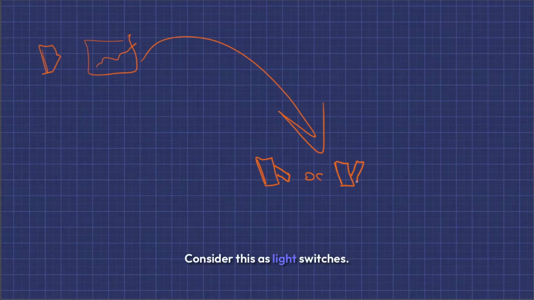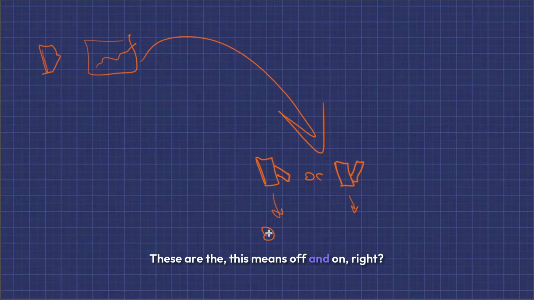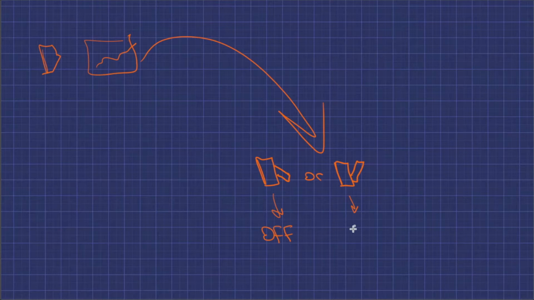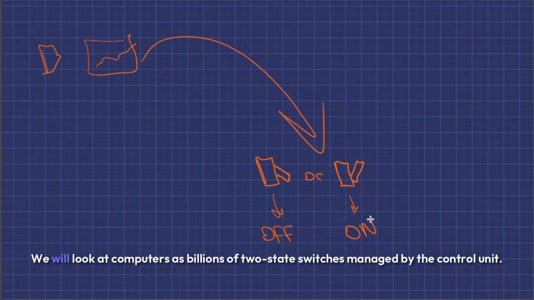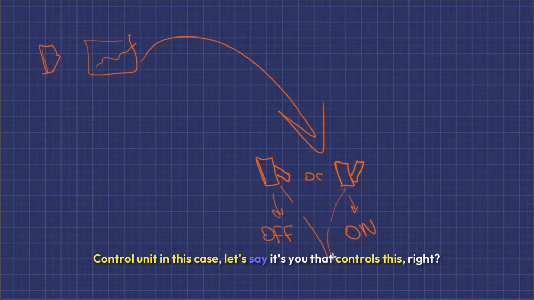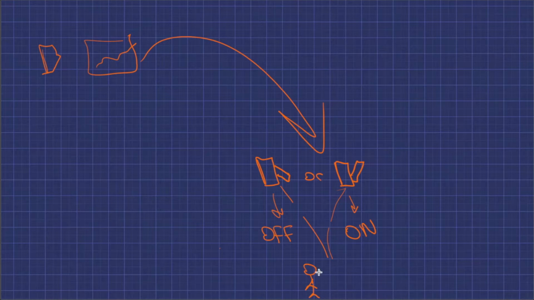Consider this as light switches, which means off and on, right? We will look at computers as billions of two-state switches managed by the control unit. Control unit in this case, let's say it's you that controls this, right?